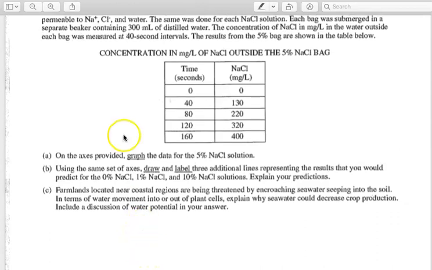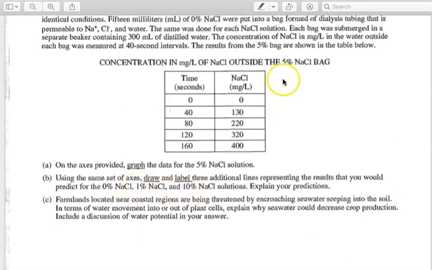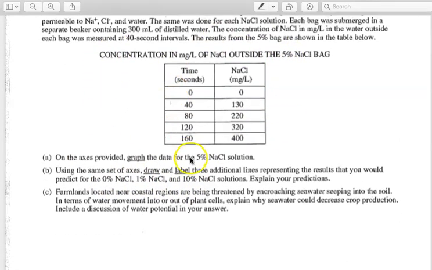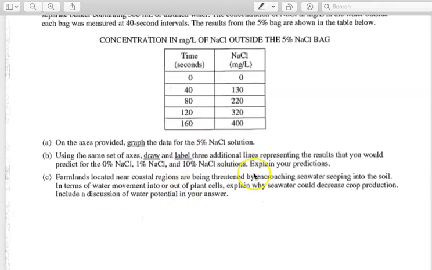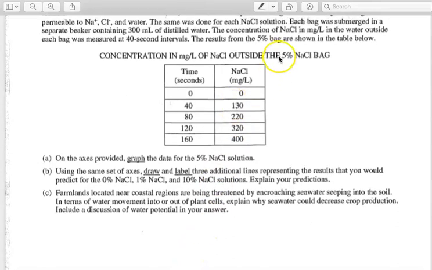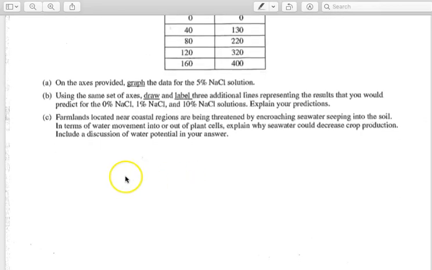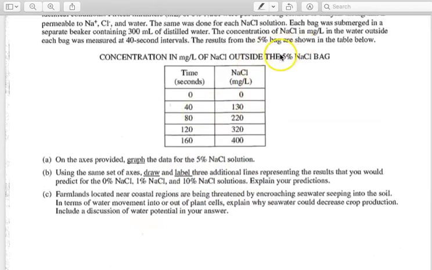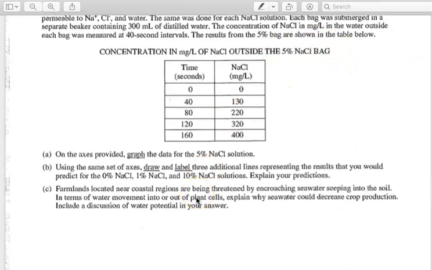In your graph, you needed to include the 0% concentration, the 1%, the 5%, which is what you're seeing here, and the 10%. You needed to include all of those percentages. A lot of people put the 10% very close to the 5%, when 10% should have been double the concentration. So you should have adjusted your y-axis to graph that 10% as double the amount of the 5% sodium chloride.